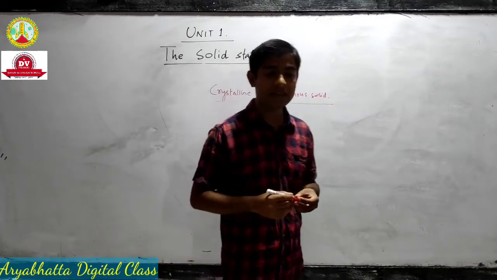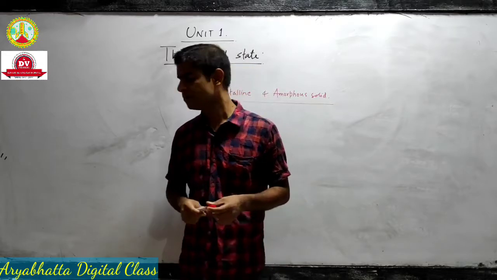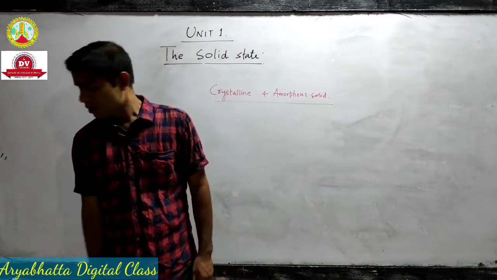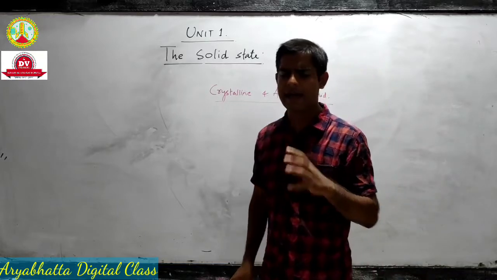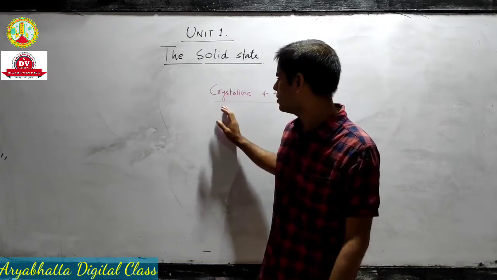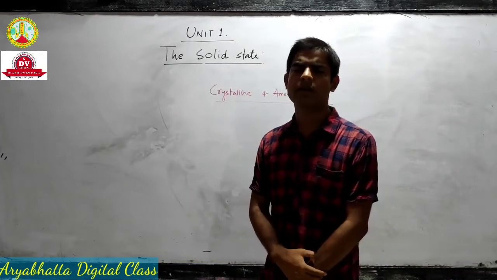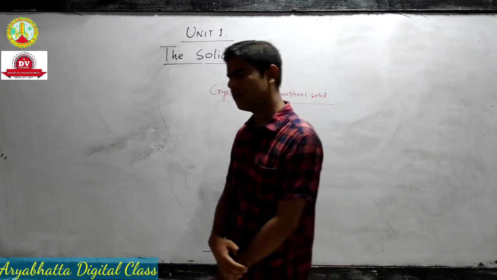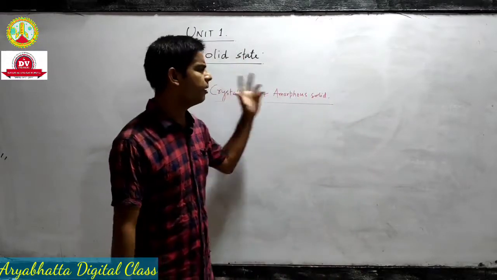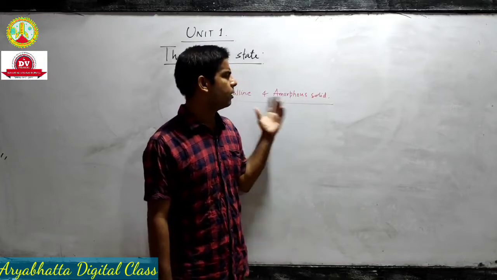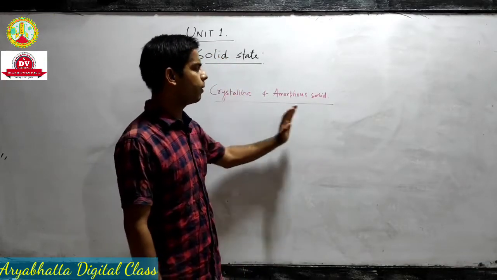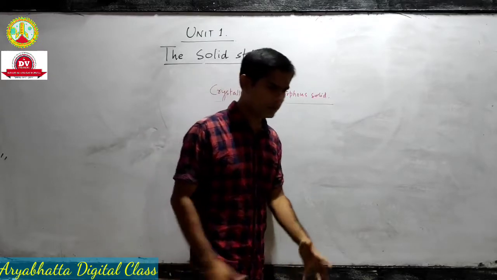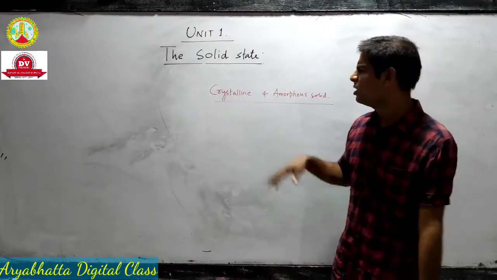So what is a crystalline solid? What is an amorphous solid? I discussed crystalline and amorphous solids in class 11, but we are covering these two parts in the class 12 syllabus, so we will discuss them in detail.